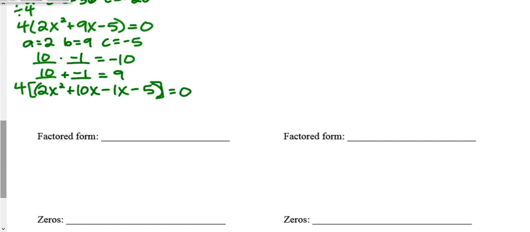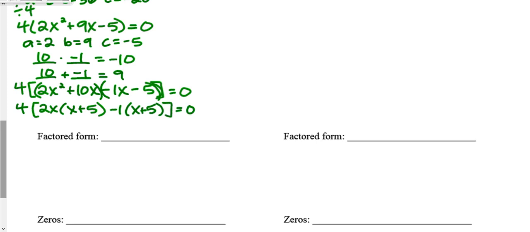And now we're going to group. So looking for our greatest common factor, in the first set of parentheses, the common factor is 2x. That would leave us with x plus 5. In the second set of parentheses, they only have a negative in common, so I'm going to say the common factor is a -1, leaving us with x plus 5.